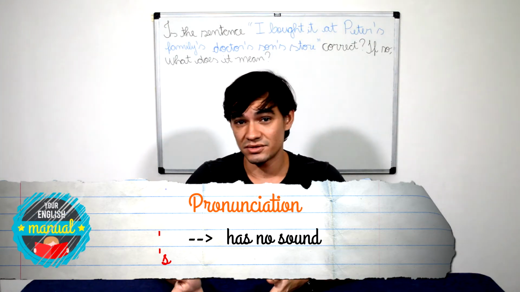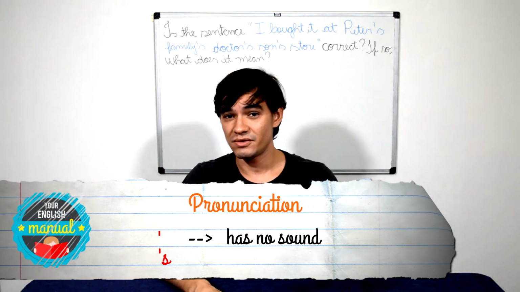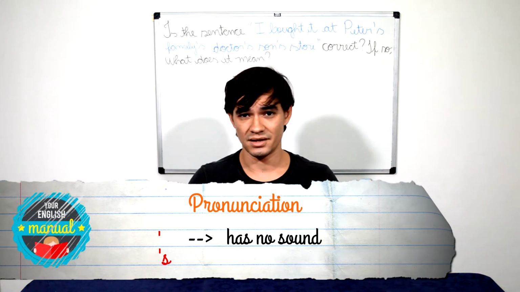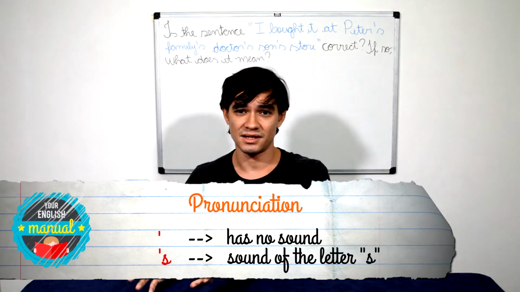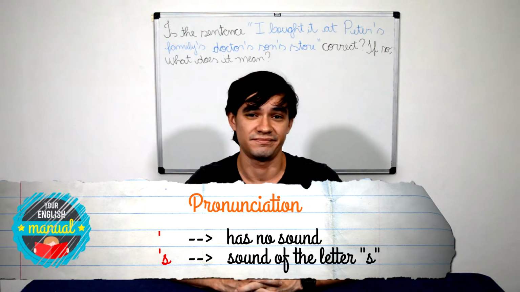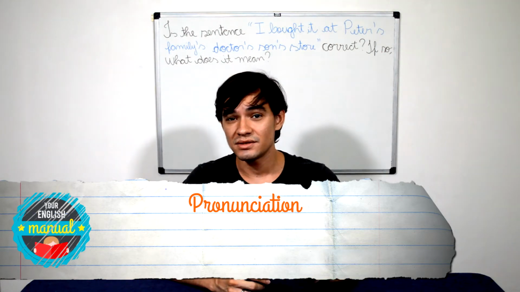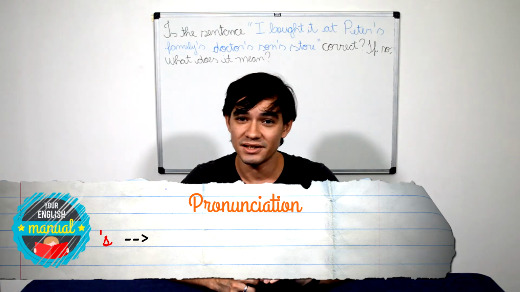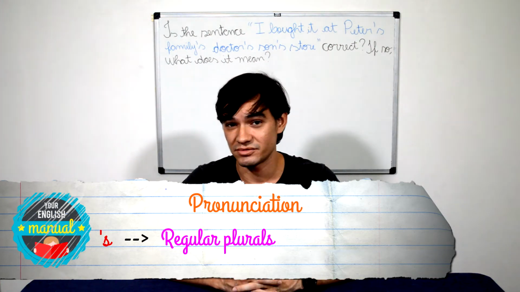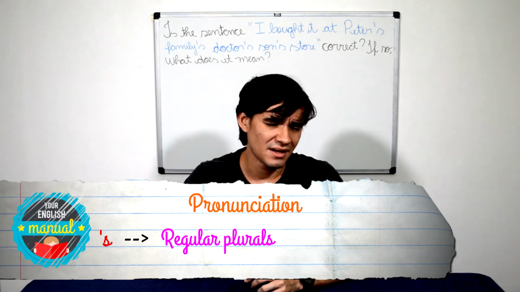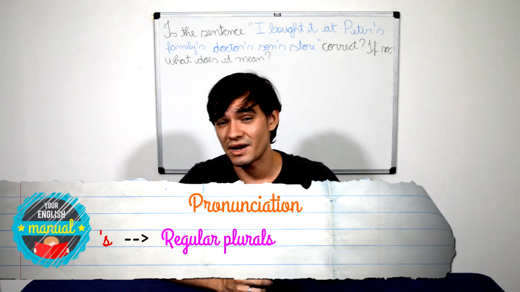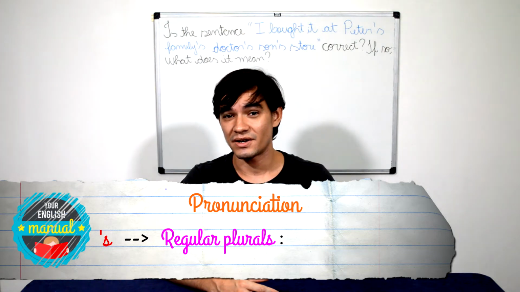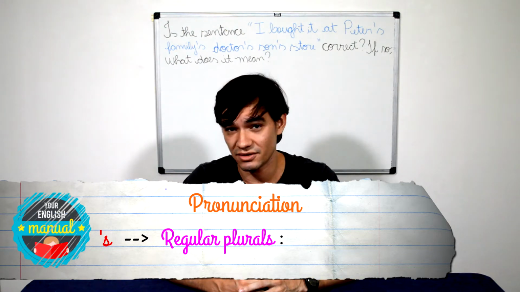And since the apostrophe has no sound, if you add apostrophe s, you are basically, at the end of the day, just adding the sound of the letter S. That is, the pronunciation of the apostrophe S is the same pronunciation of the regular plurals. But the thing is that in English, the regular plurals can have three sounds, depending on the final sound of the word in singular.